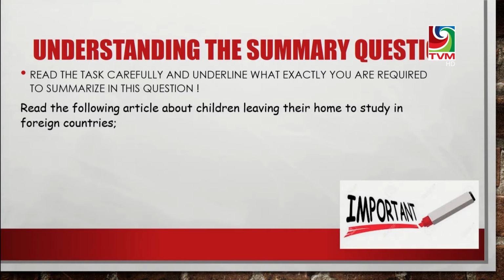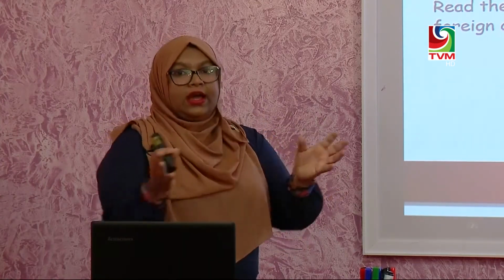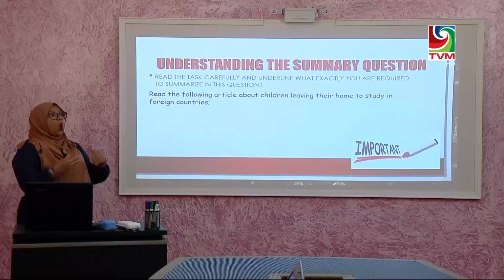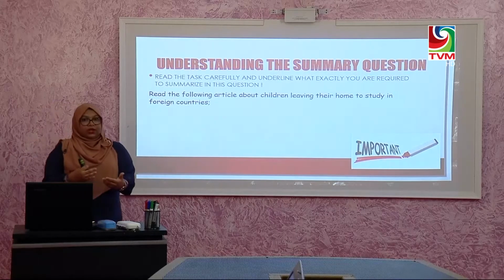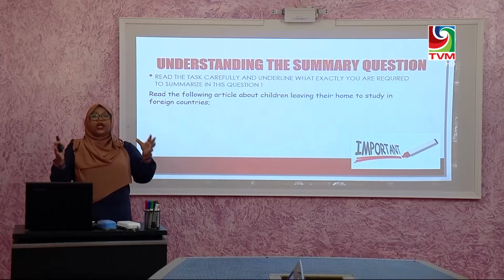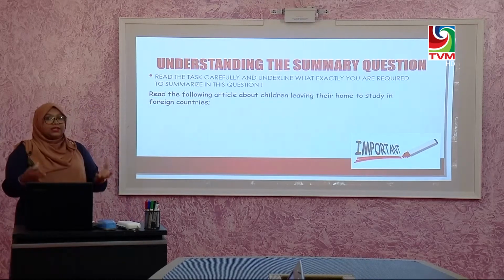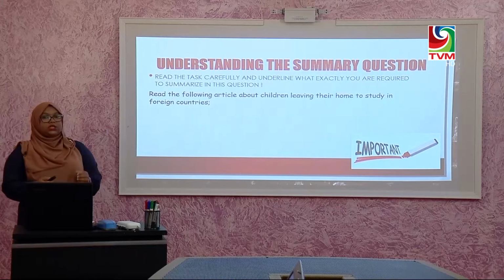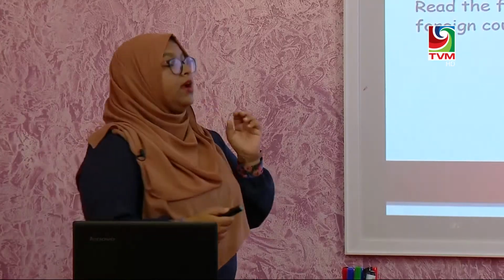Here, this article might contain information about children when they leave their home within their country also, what are the effects it could have on them, or what are the effects on children when they leave for foreign countries. So there could be distractors and negating ideas within the article. So it's very important that you select the relevant and correct points.